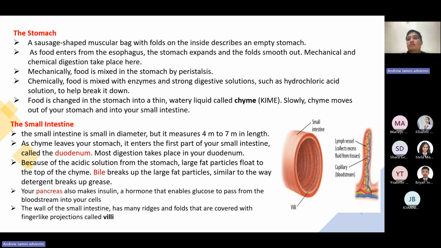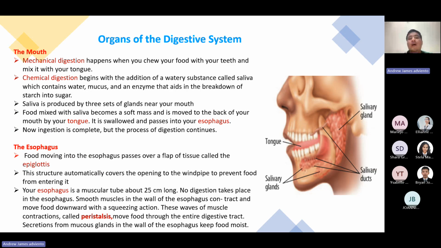I just want to mention about our mouth. Our mouth actually does mechanical digestion. Ito yung gamit natin yung tongue and teeth para i-chew yung mga pagkain that we are eating.